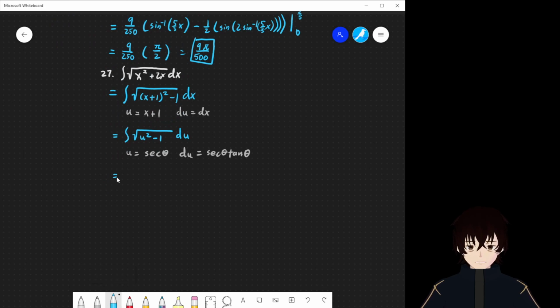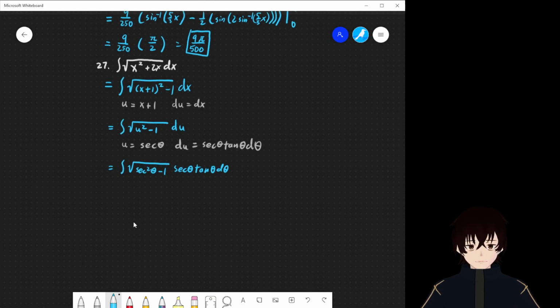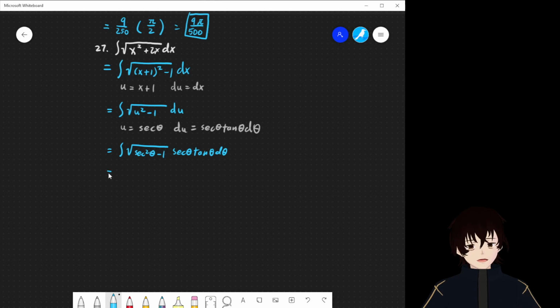That will give us the integral of secant squared theta minus 1 times secant theta tangent theta d theta. Forgot to write d theta here. Very important. Or is it not important, but it's part of the work. And that ends us with tangent squared. So we have secant theta tangent squared theta d theta.